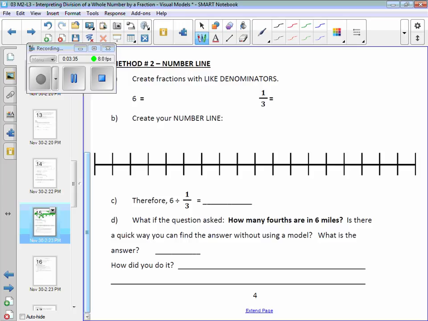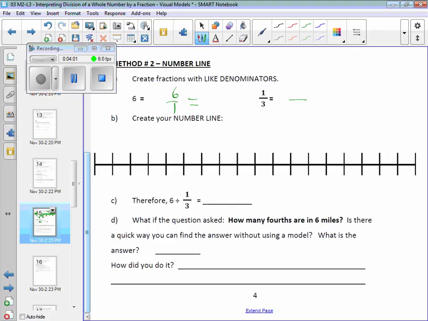Anytime you use a number line, you have to get to common denominators. Starting off with 6. What is 6 as an improper fraction? You have to do that first. Now, all right, start with that. Next thing we have to decide between these two fractions, what should our common denominator be?